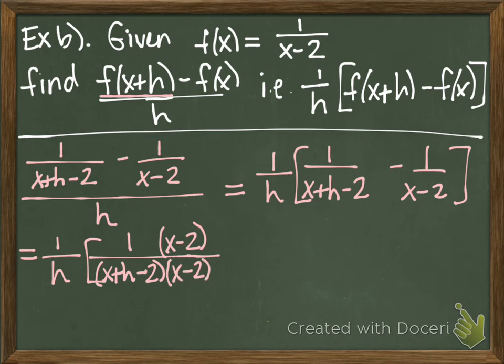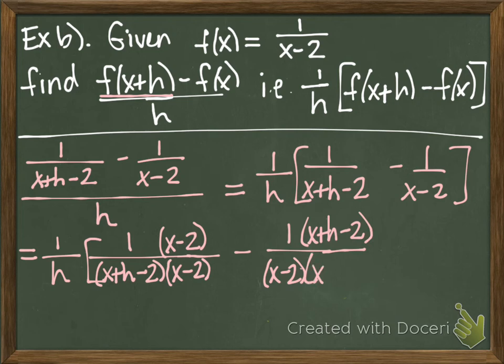And then for my second fraction, let's put the denominator in parentheses, and we're going to multiply the top and bottom by x plus h minus 2. You've got to be really careful with parentheses here. Keep everything in track. Okay, and now we can combine them.